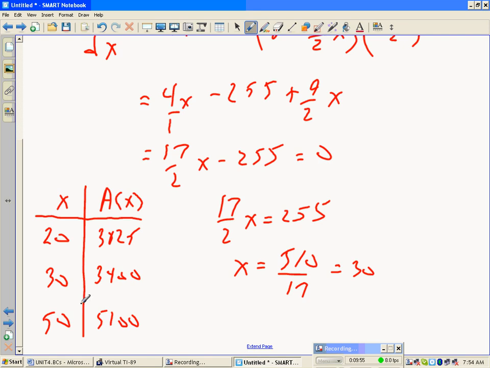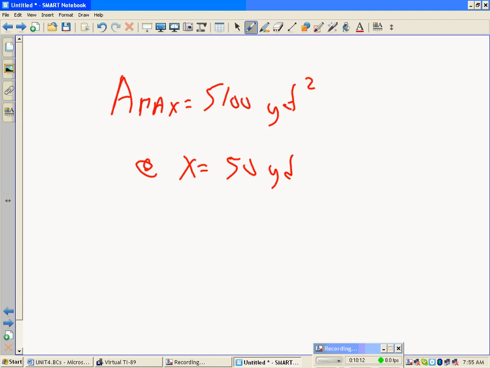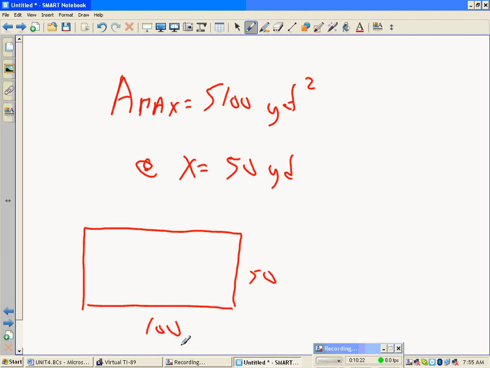So what's the answer? A max is 5,100 square yards, occurs at x equals 50, yards. Okay, what does that mean? Well, that means that the rectangle was 50 by 100, right? Because that was x, that was 2x.